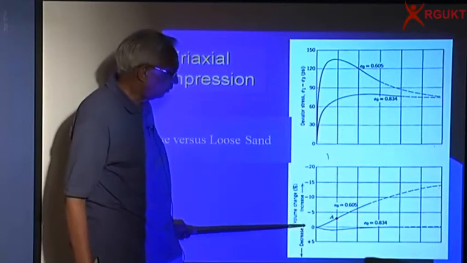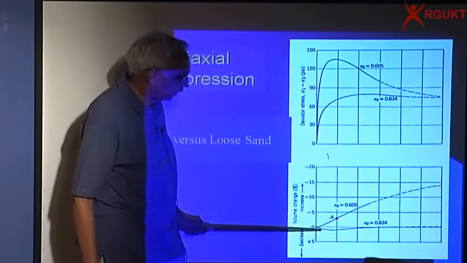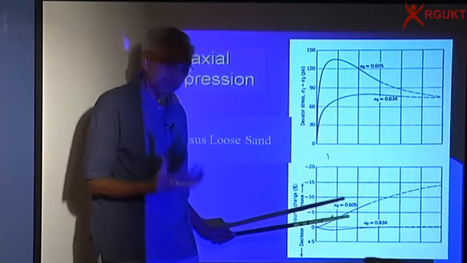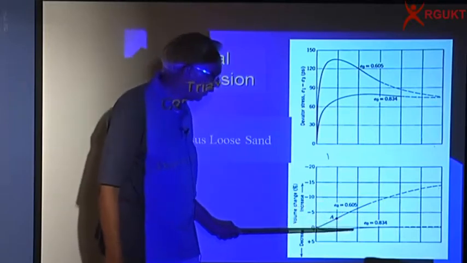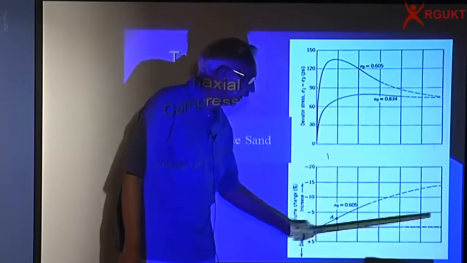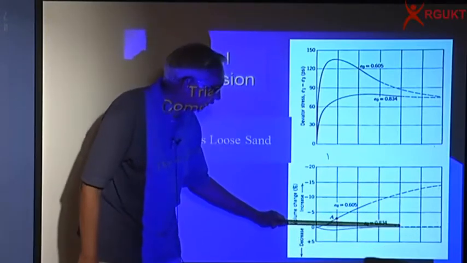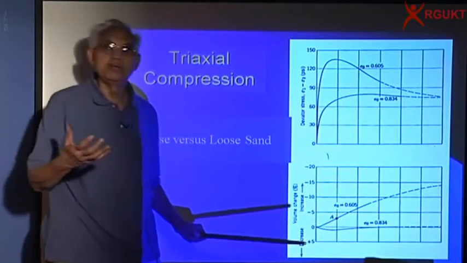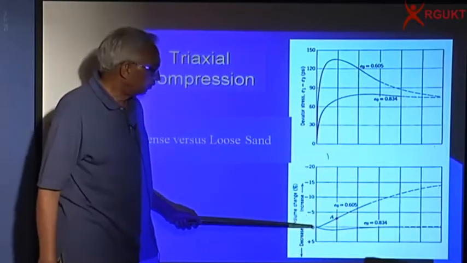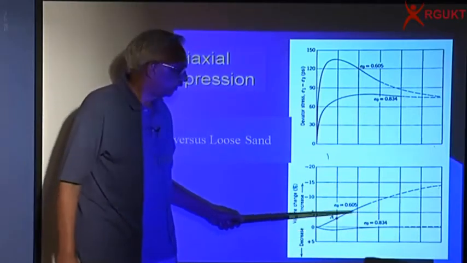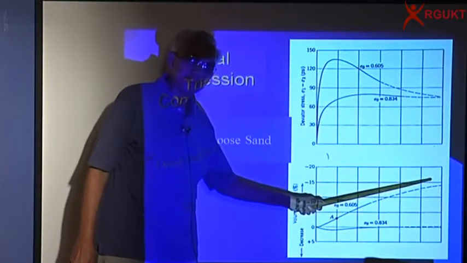And this is how the volumetric strain behaves. Initially it is compressing. Once it compresses and it has reached the critical void ratio, it will deform at constant volume. If the volume change is 0, it means it's deforming without changing in volume. Whereas here, you can see that the volume is continuously increasing.